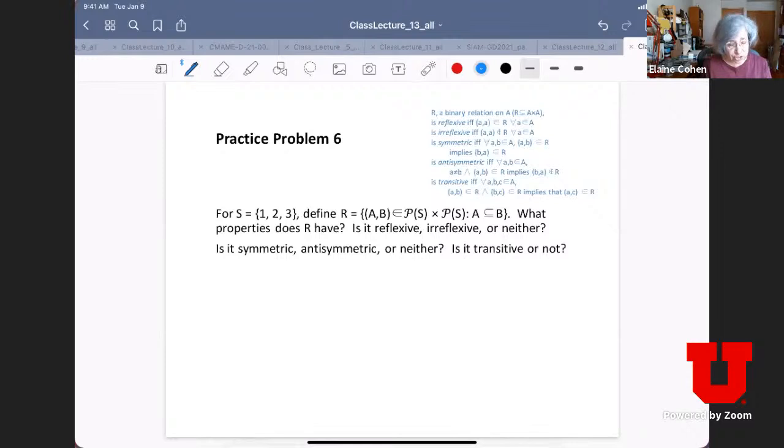And the relation is defined by A is a subset of B. What properties does R have? Namely, is it reflexive, irreflexive, or neither? Is it symmetric, antisymmetric, or neither? Is it transitive or not?